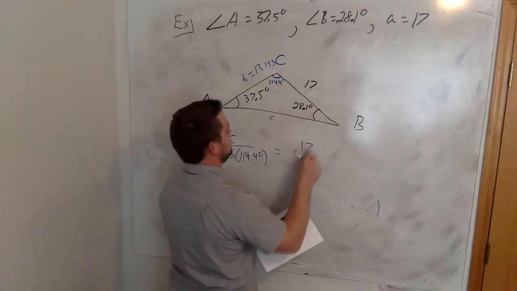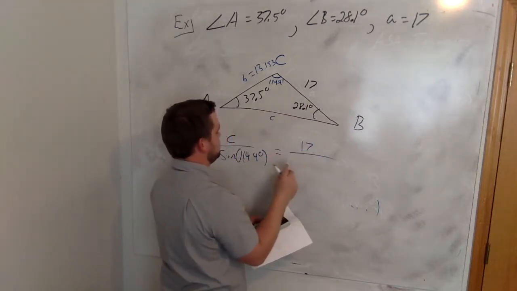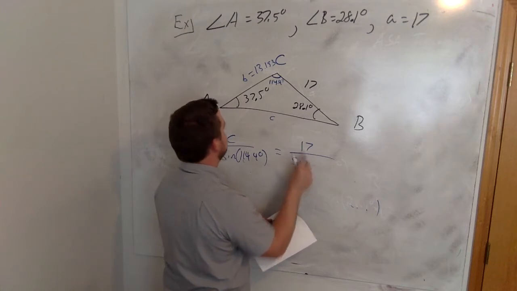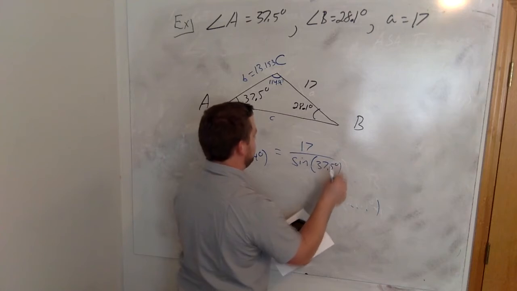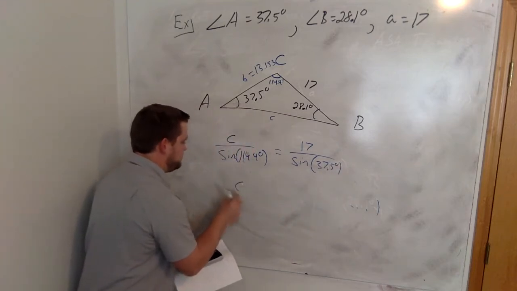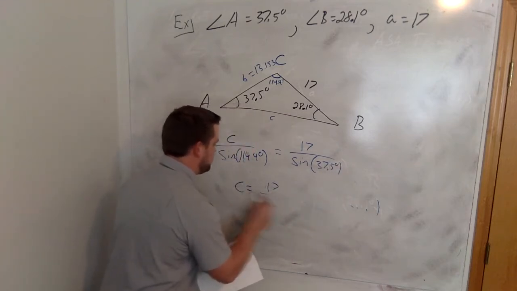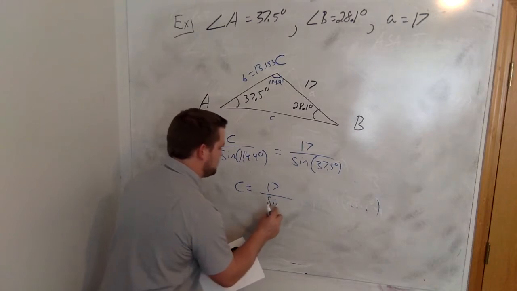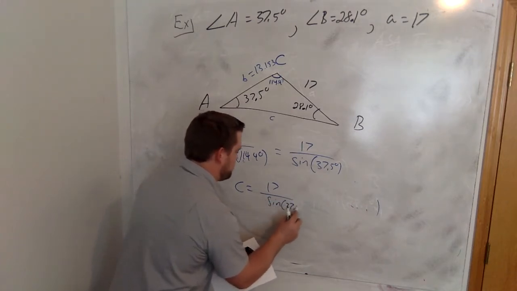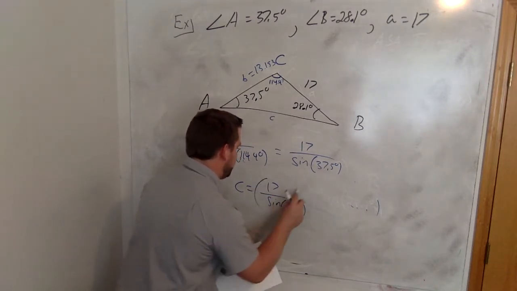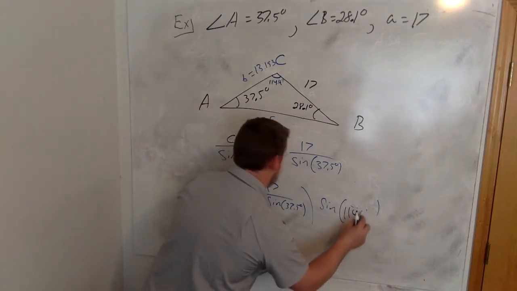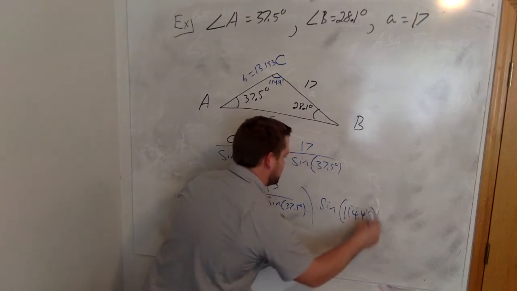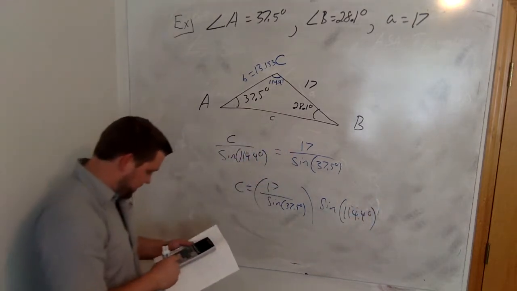I'll show you, we're going to get the same answer either way. I'm just a little bit paranoid with accuracy. So C is going to be equal to 17 over the sine of 37.5 degrees times the sine of 114.4 degrees.